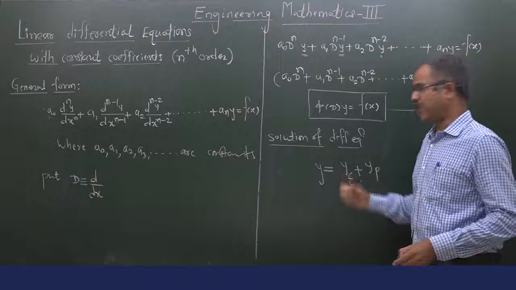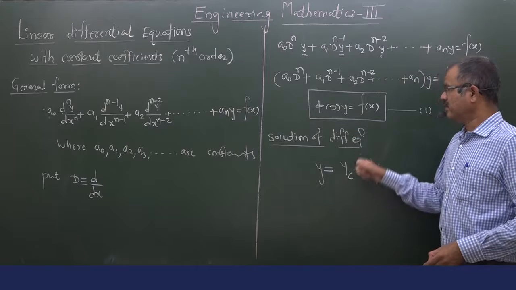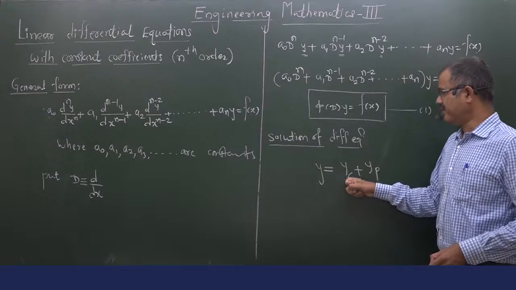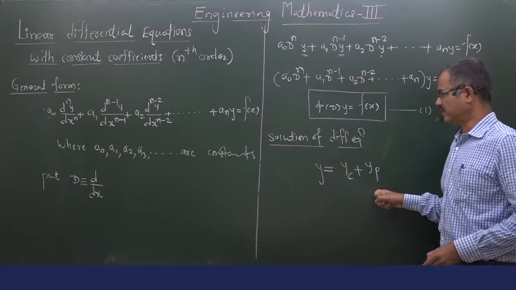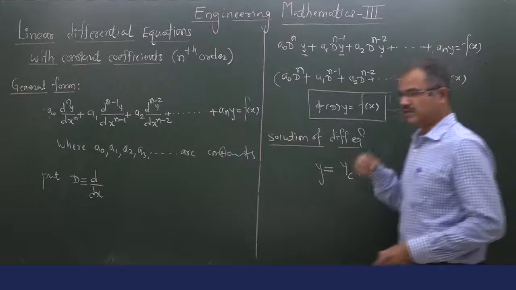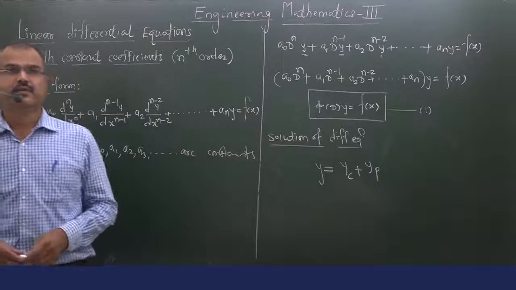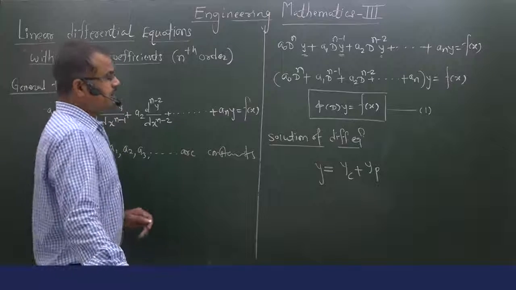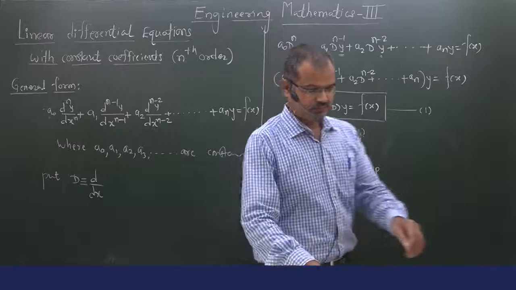In the first part, yc is a complementary function and yp is a particular integral. Solution of differential equation is divided into two parts. In the first part, we have to calculate complementary function. The second part is a particular integral. Now how to calculate complementary function?